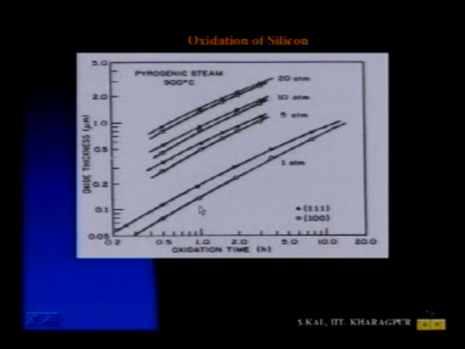That means the oxide growth mechanism is different. It depends on the crystallographic orientation of the silicon substrate. The basic substrate you are using normally may be either 100 or 111 orientation. That means there is an effect of crystallographic orientation on growth rate. That we will discuss a little bit in detail in the next slide.